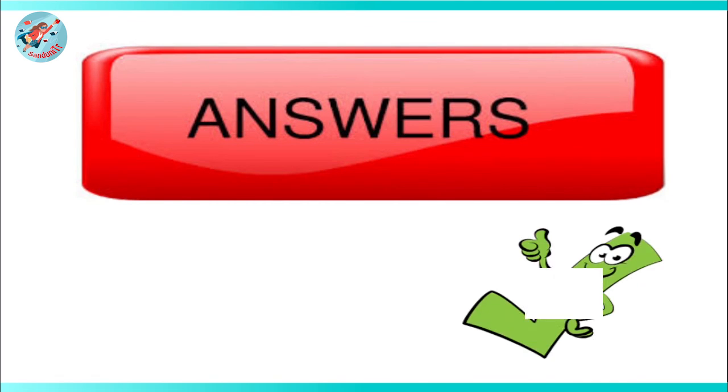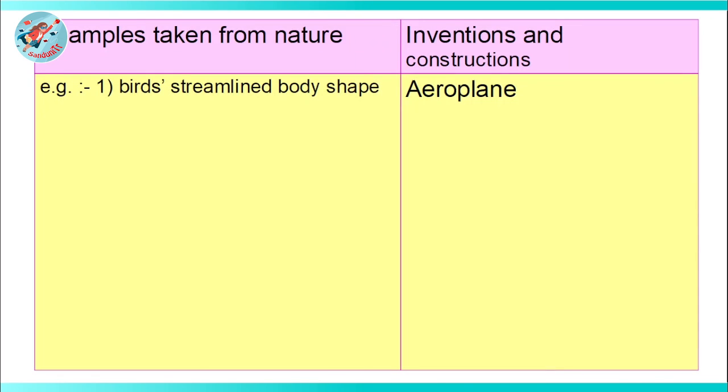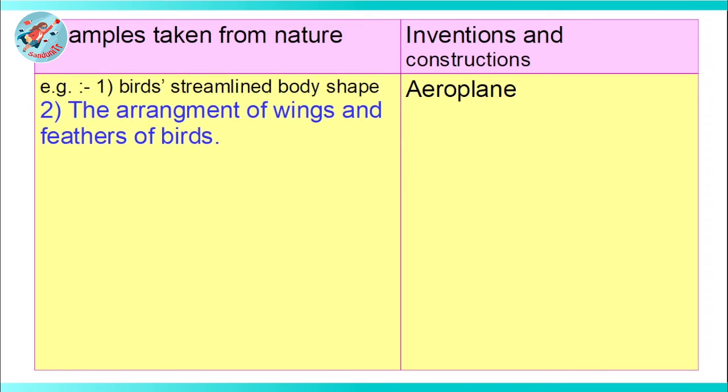Okay children, now let's check your answers. Second answer. The arrangement of wings and feathers of birds. කුරුල්ලන්ගේ අත්තටු සහ පිහාටු වල arrangement එක මොනකටද උදව් වුනේ? ඒත් උදව් වුනේ aeroplanes හදන්න නේද? Third answer.